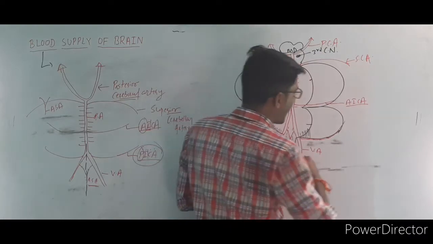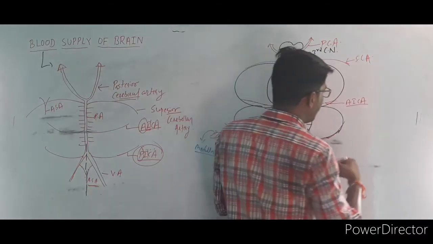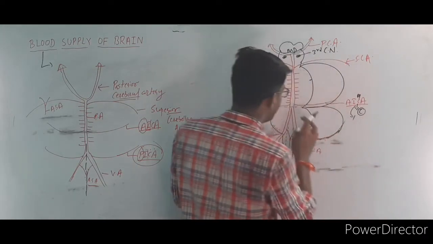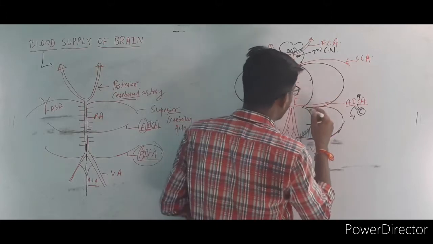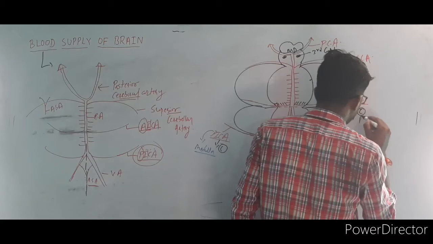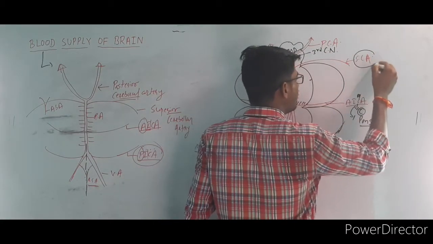Yes, this is AICA, anterior inferior cerebellar artery, right? So it's supplying the cerebellum, and see here, it's going from here. So it is also supplying the pons, this part of the pons. Now tell me, the superior cerebellar artery.